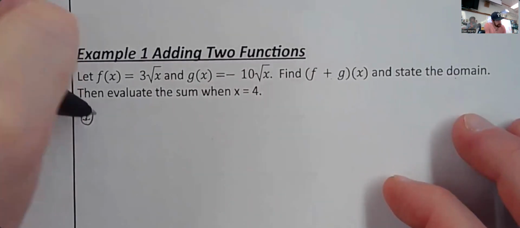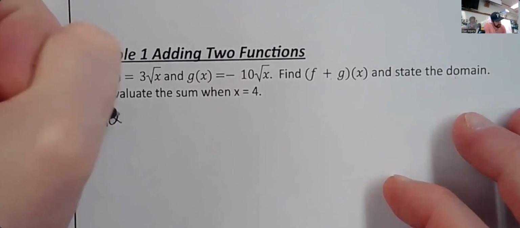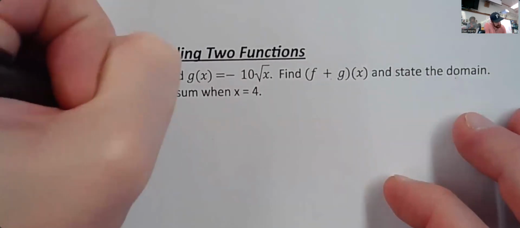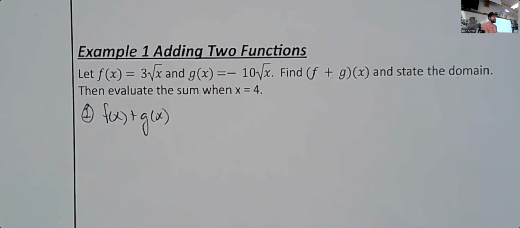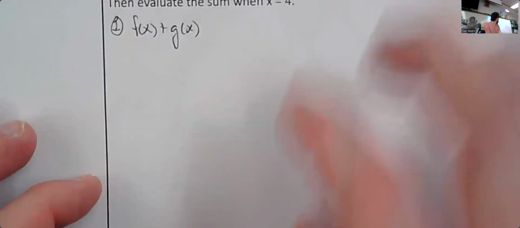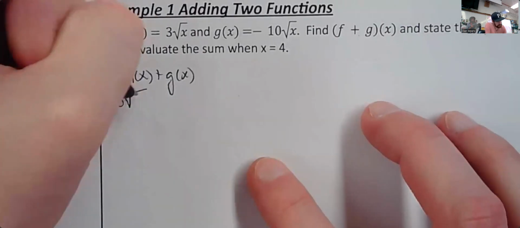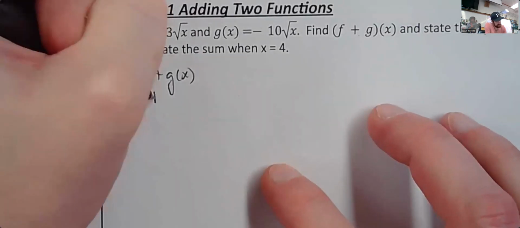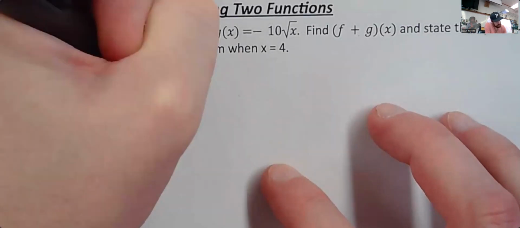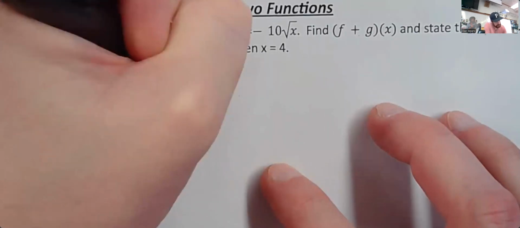So step 1, we're going to have f of x plus g of x. f of x is equal to 3 times the square root of x. And then we're going to add to that negative 10 times the square root of x.